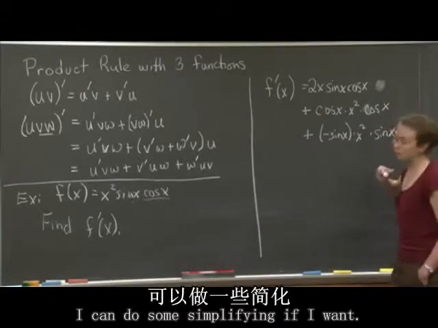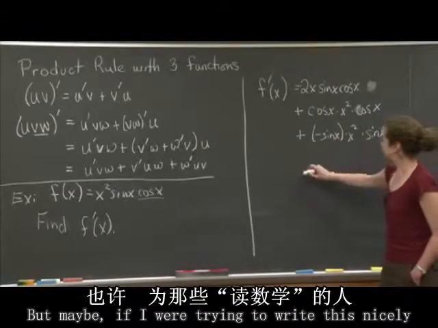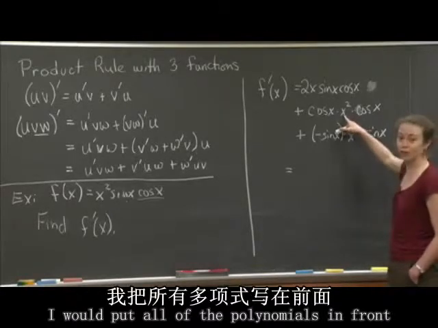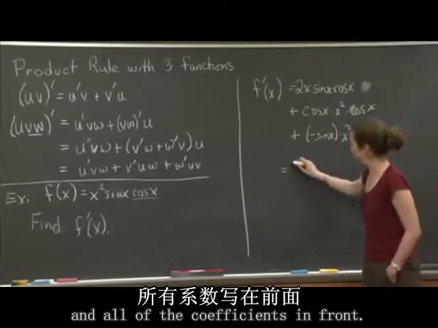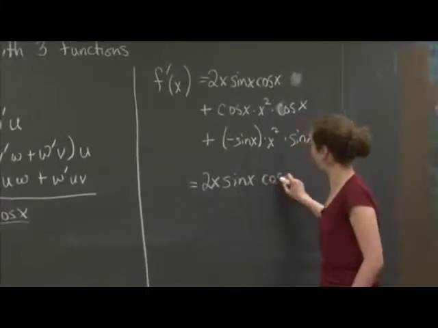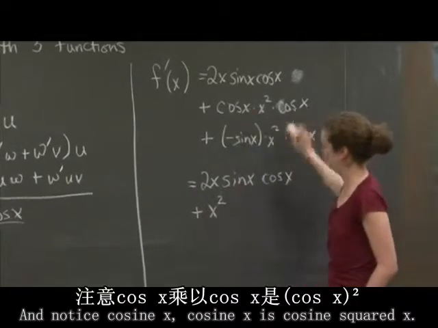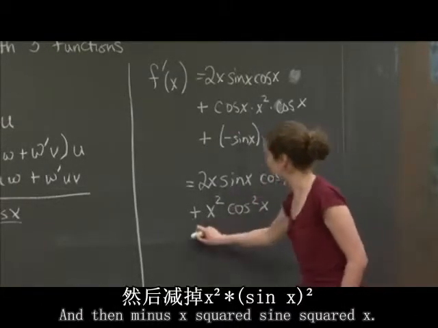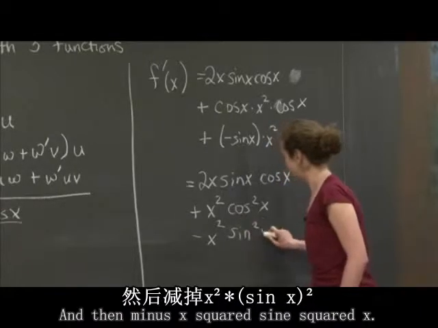I can do some simplifying if I want, but maybe if I were trying to write this nicely for someone who was reading mathematics, I would put all of the polynomials in front and all of the coefficients in front. So to be very kind to someone, I might write it like this. And notice cosine x times cosine x is cosine squared x, and then minus x squared sine squared x.